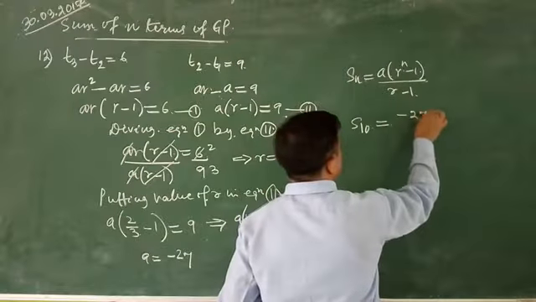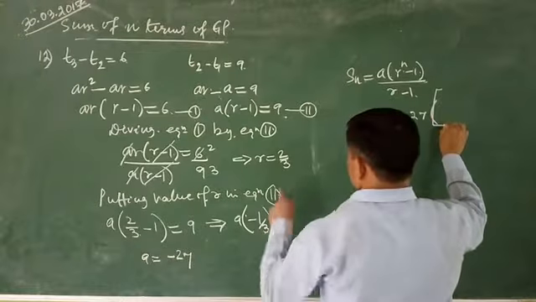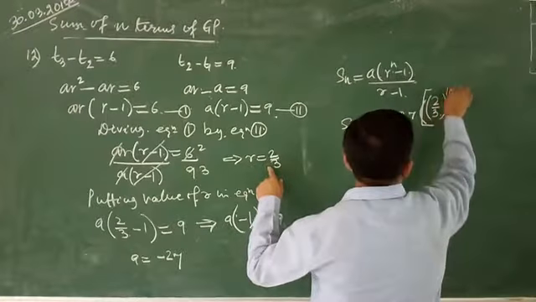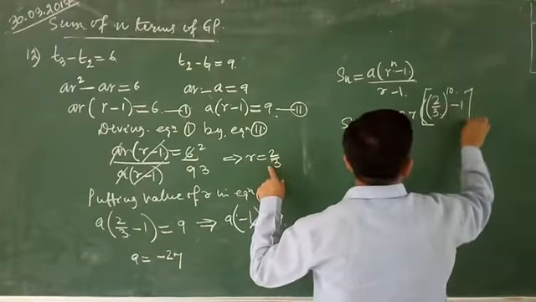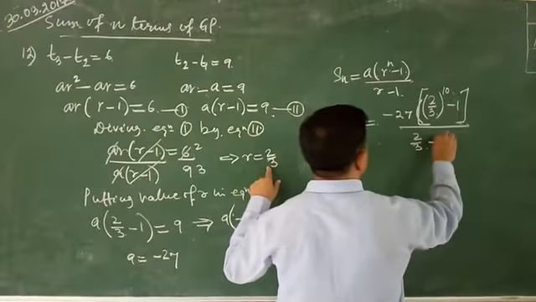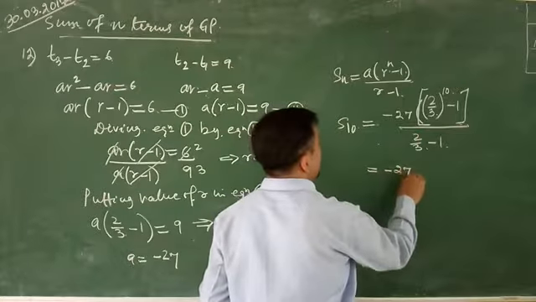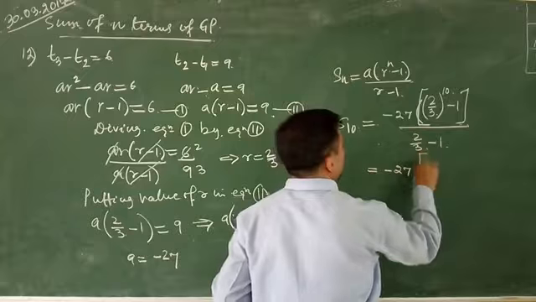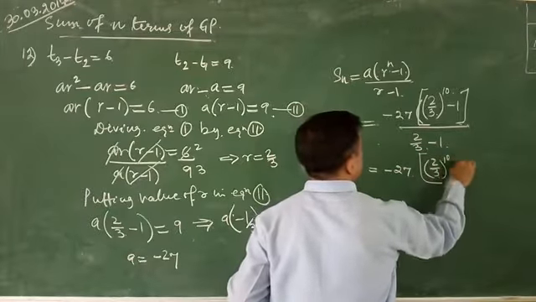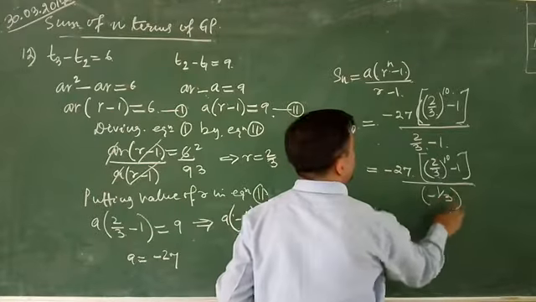And then your R is 2 over 3, to the power 10 minus 1, divided by 2 over 3 minus 1. This is equal to negative 27 times 2 over 3 to the power 10 minus 1, and then the denominator you will get as minus 1 over 3.